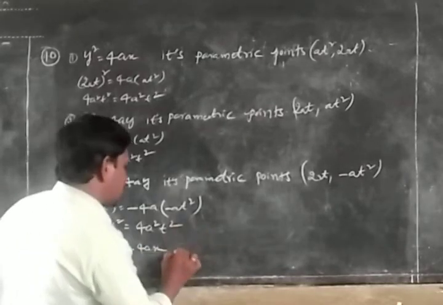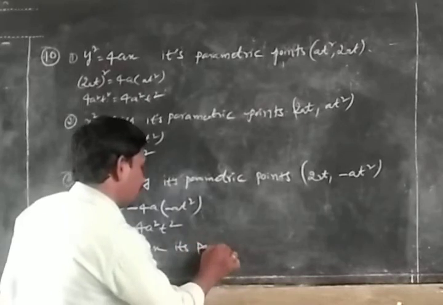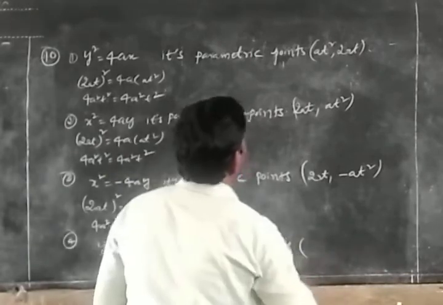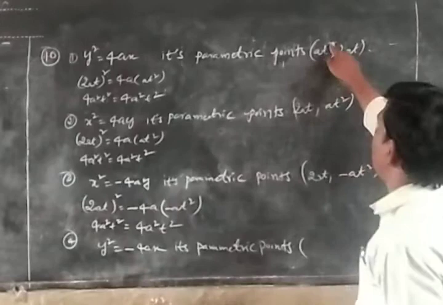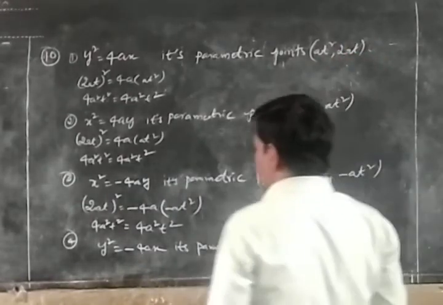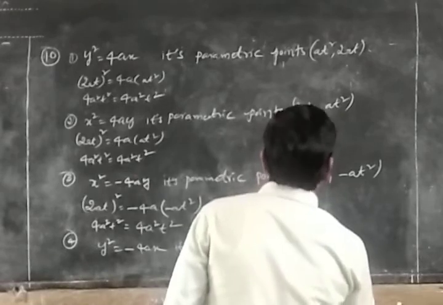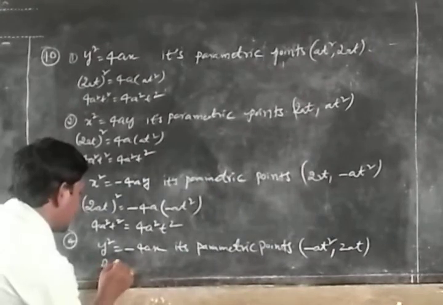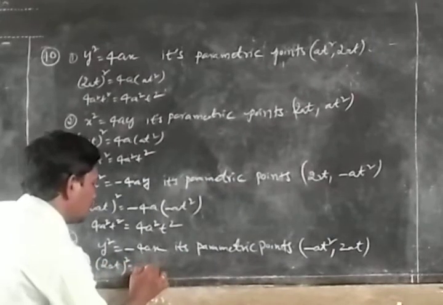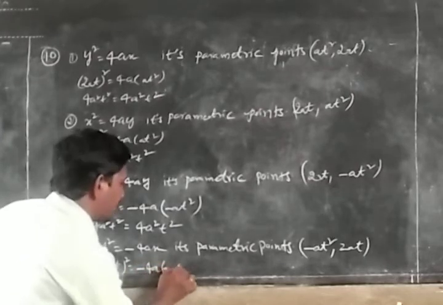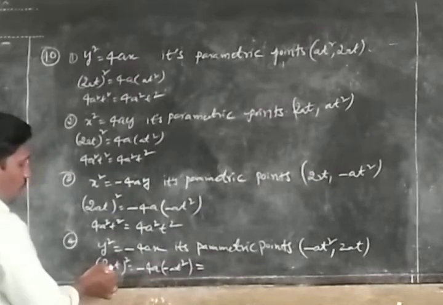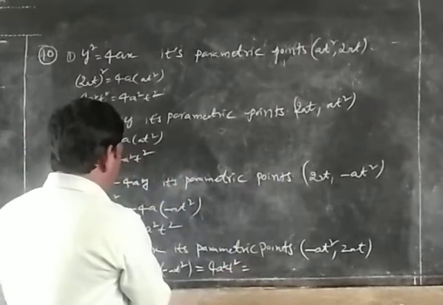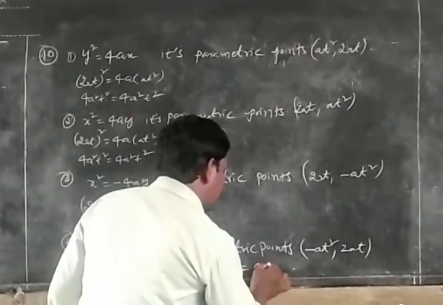See its parametric points: its parametric points are (minus at square, 2at). So (2at) whole square, minus into 4a into minus at square, okay, (2at) whole square means 4a square t square equal to minus into minus plus 4a square t square.